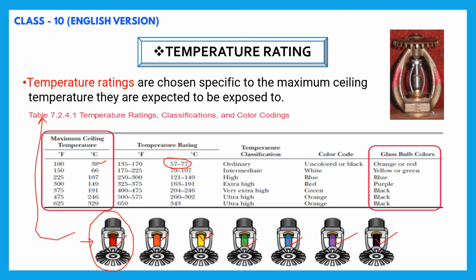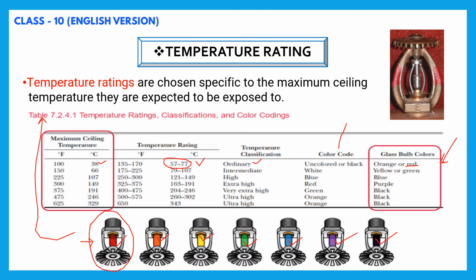In general, we have in the market 68 degrees centigrade temperature rating sprinkler. And the temperature classification as per this table is ordinary. And the glass bulb color, you can see here, we can have orange or red color.